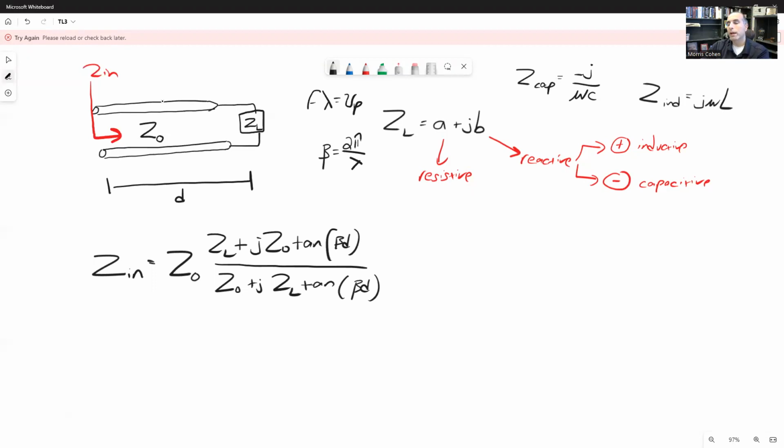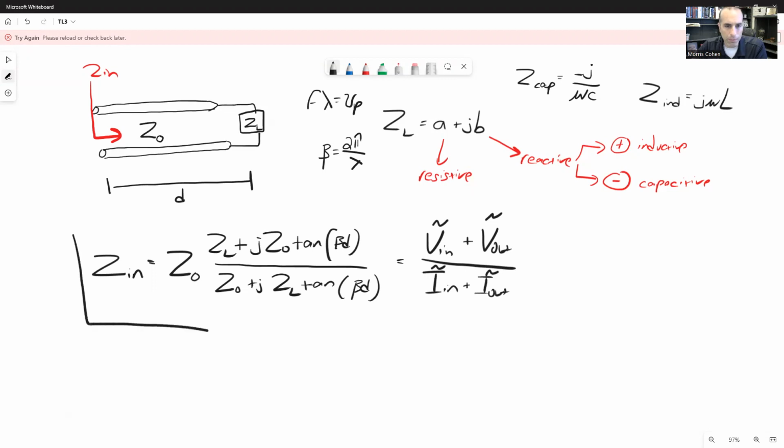And because the transmission line defines a relationship between the reflected current that comes back to you and the current that you put in, the total current has to be the sum of the two. And so Zin can also be written as V in plus V out as phasors, divided by I in plus I out.